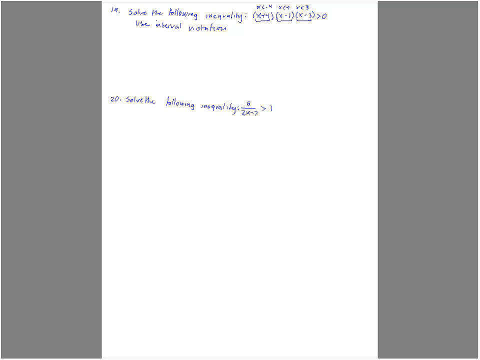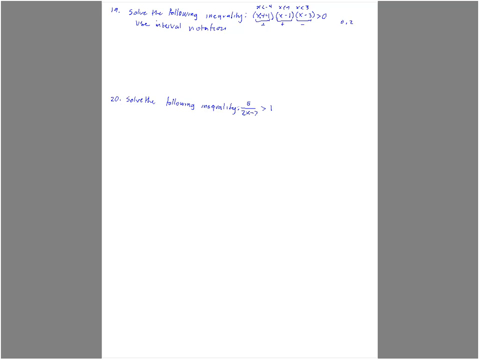Or I should put it this way, when an even number of these terms are negative. So that can be 0 or 2, right? Any other time, and it's less than 0 because you have a negative. So you'd have like a negative times a positive, and that results in a negative.